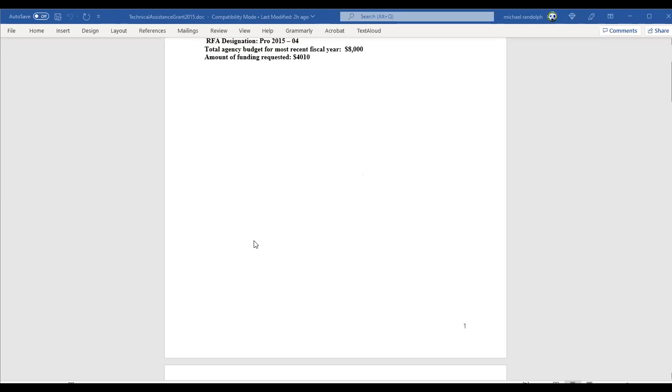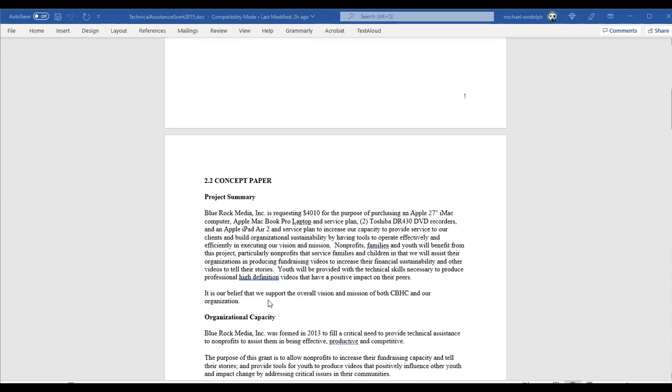Let's see what they need to make it work. It starts off first with, read the first paragraph.